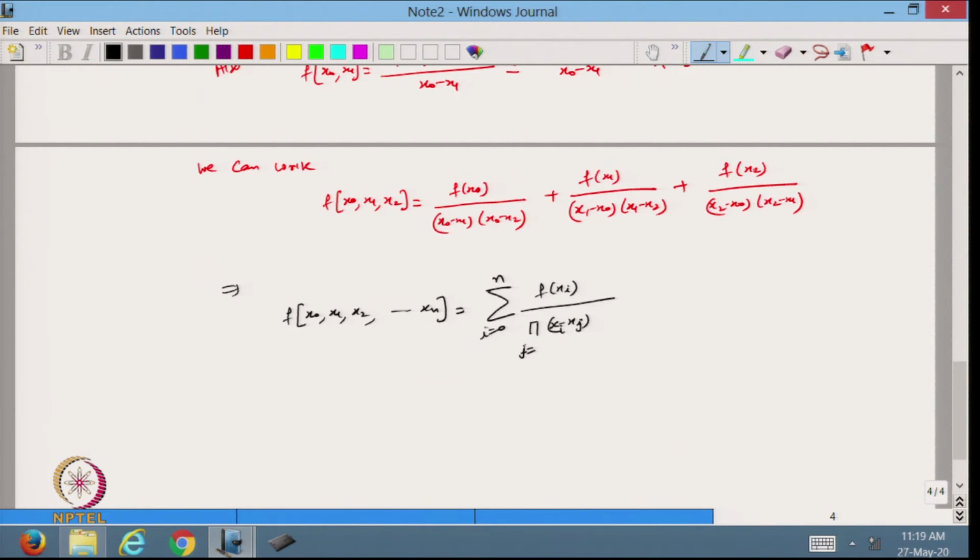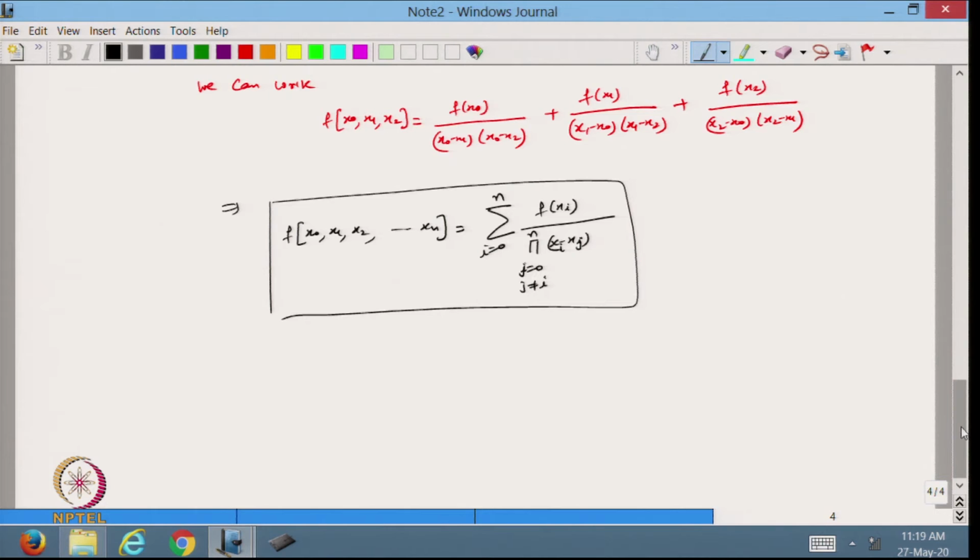So I am taking j from 0 to n, and j is not equal to i. Like if I take i equal to 0, then it will be x0 minus x1, x0 minus x2 and all these values except this one. So this is the expression for the nth divided difference formula.